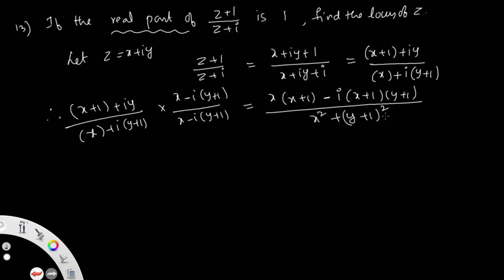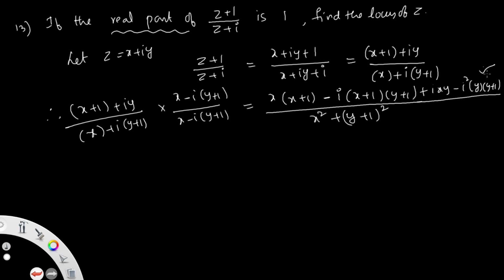In the denominator, minus i into (y plus 1) whole square gives minus i square, and i square is minus 1, so it becomes plus. Why? Because (a plus b) into (a minus b) gives x square plus (y plus 1) whole square. Next, multiply the next term: i into xy, minus i square into (y plus 1), where i square we write as minus 1.